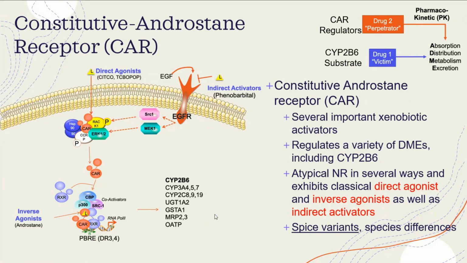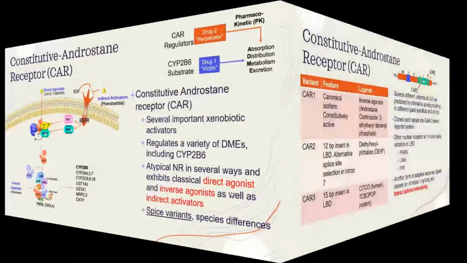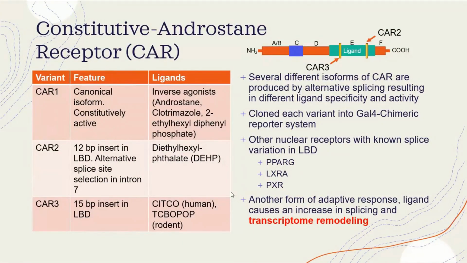So you need systems that are able to show both direct agonists as well as indirect agonists in order to look for drug-drug interactions.